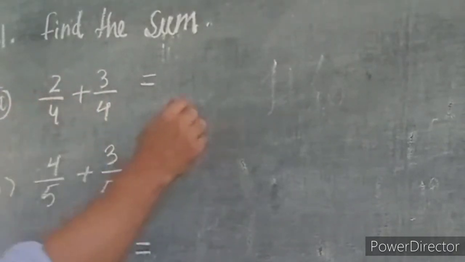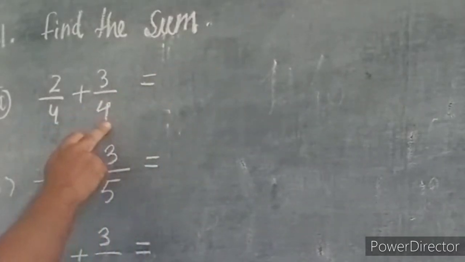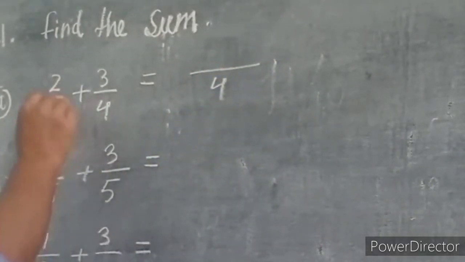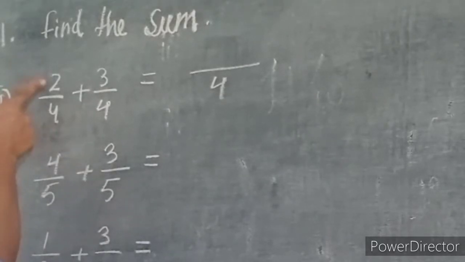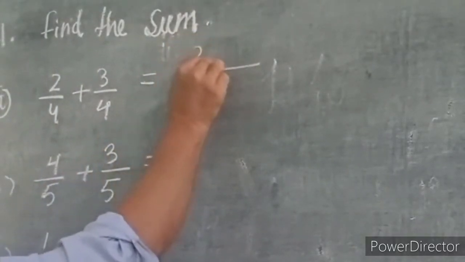These two fractional numbers have a common denominator, that is 4. So we will write it once here, 4. The numbers at the top are known as numerators. Here 2 and 3 are numerators, so those numerators will be added.